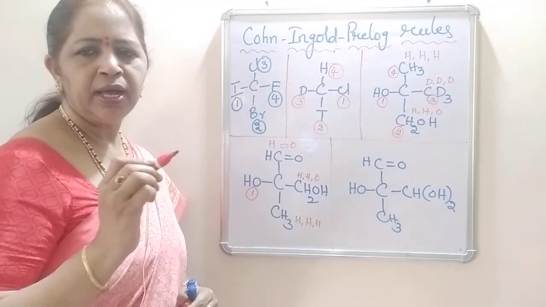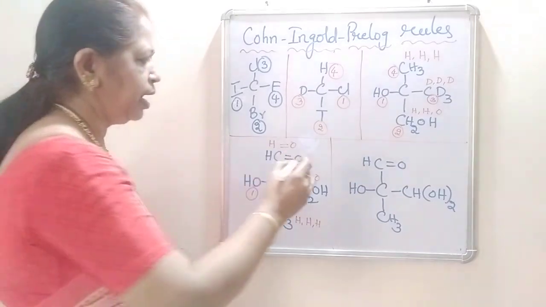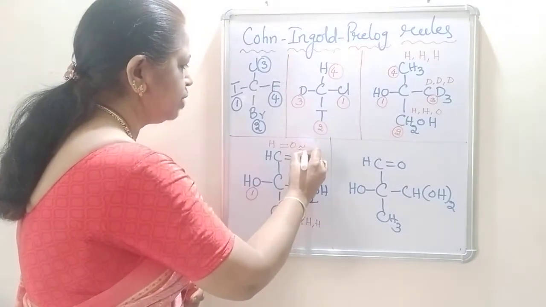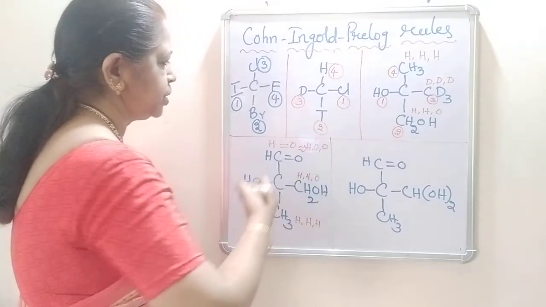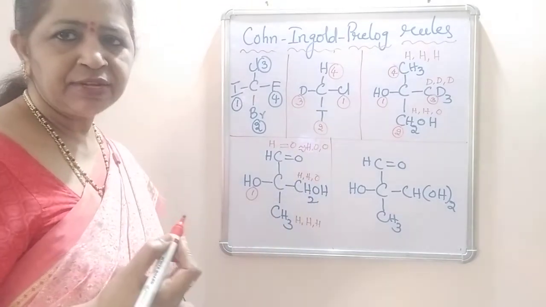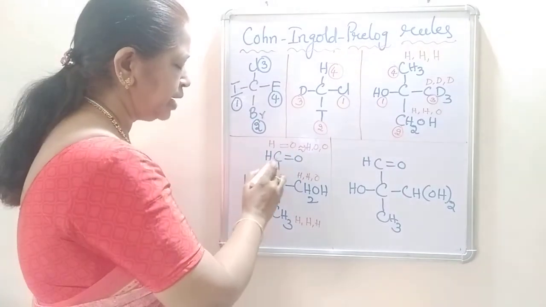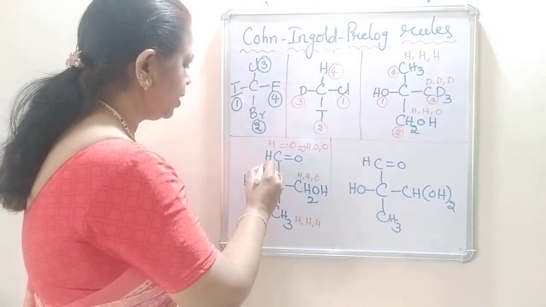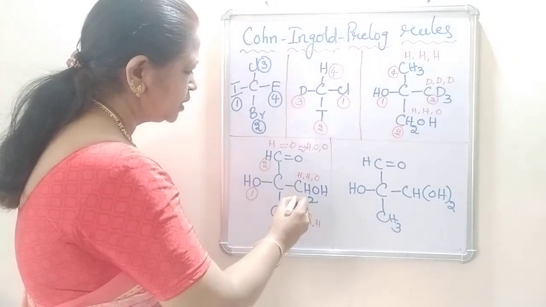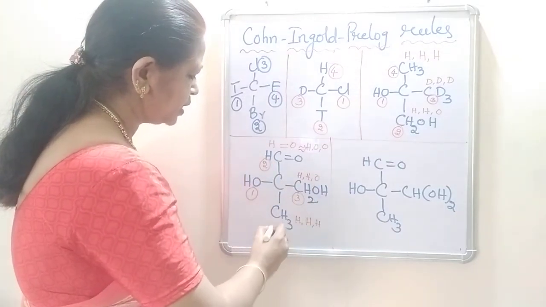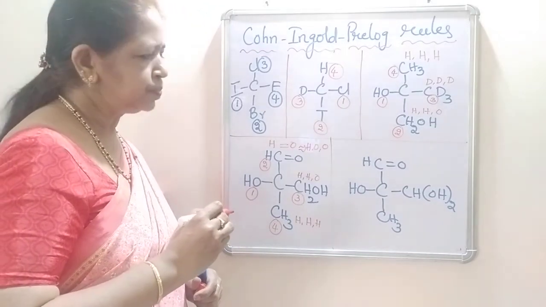This double bonded oxygen is equivalent to 2 oxygen atoms, so it is equivalent to hydrogen, oxygen and oxygen. So, which one gets the first priority? The aldehyde group gets the first priority, that means the second one, CH2OH third and CH3 fourth priority. Okay, students, you got the point.